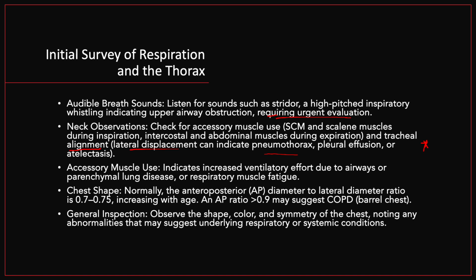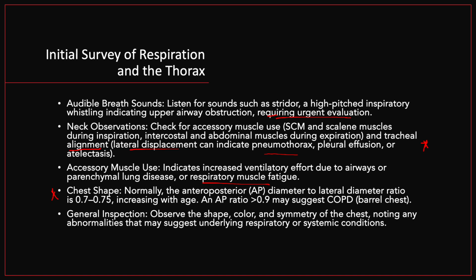All right, so accessory muscle use is going to indicate increased ventilatory effort due to airway or parenchymal lung disease. This can also, especially in kids, lead to respiratory muscle fatigue. So the kids compensate until they can't, and then they crash.